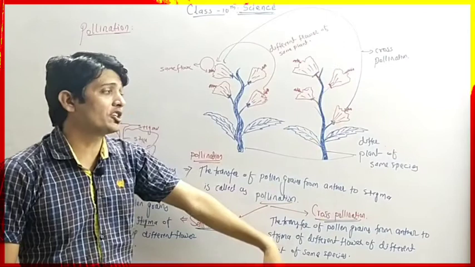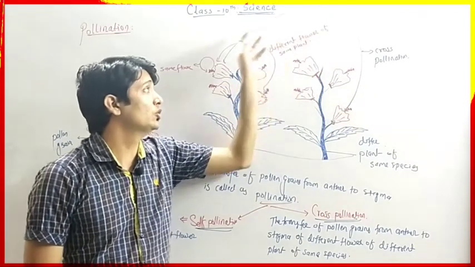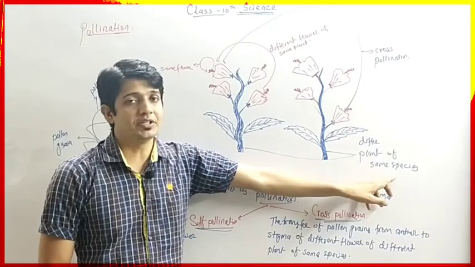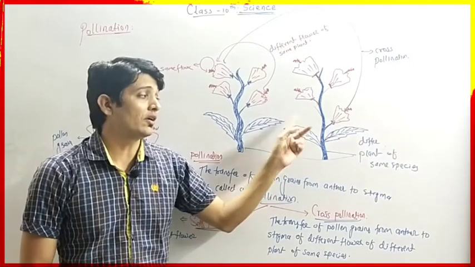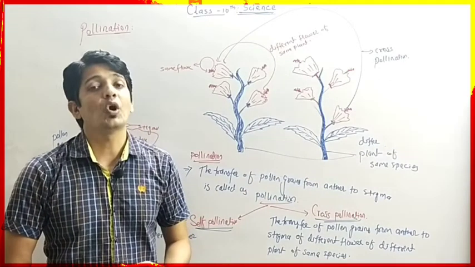What is cross-pollination? The transfer of pollen grain from anther to stigma of different flower of different plant of same species is called cross pollination.